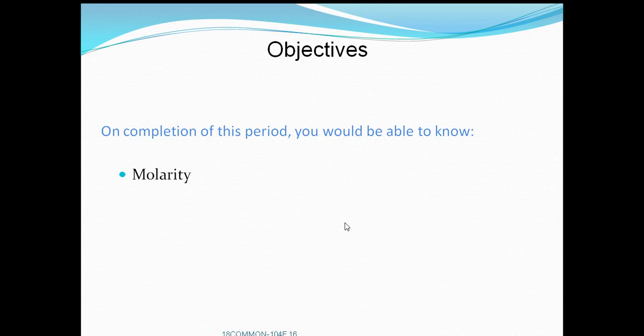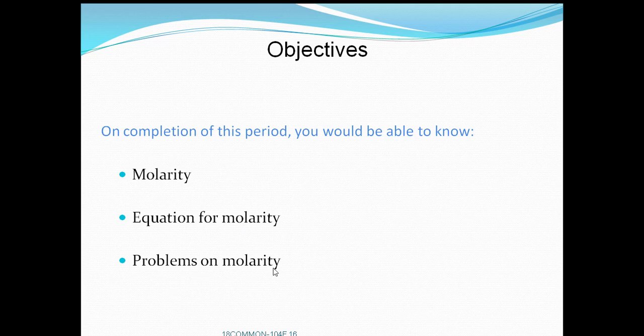If you want to know about molarity, first of all you have to know the mole concept, the concentration of solutions, and some problems based on the mole concept. Today we are going to discuss molarity and the equations for molarity, that is, the formula to write the molarity. Next, problems on molarity, and we also have to discuss dilution law and some problems based on dilution law.